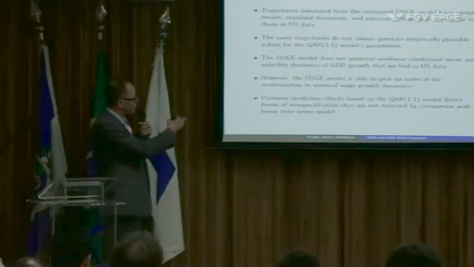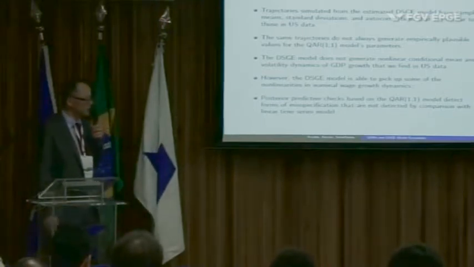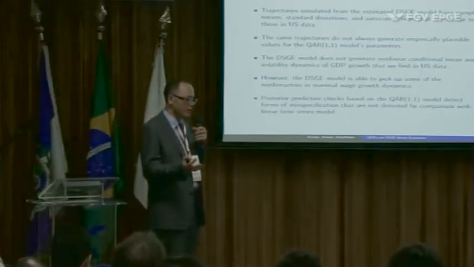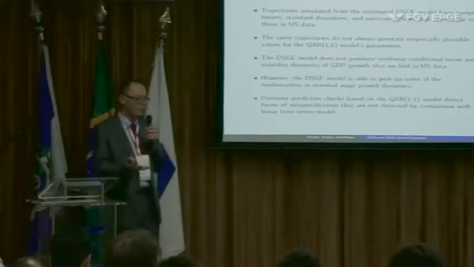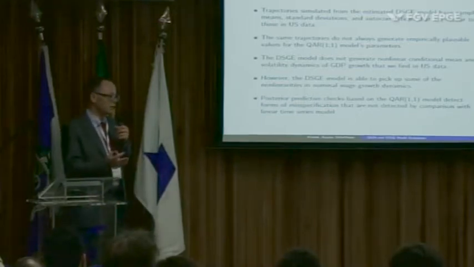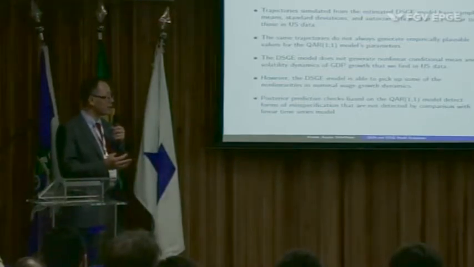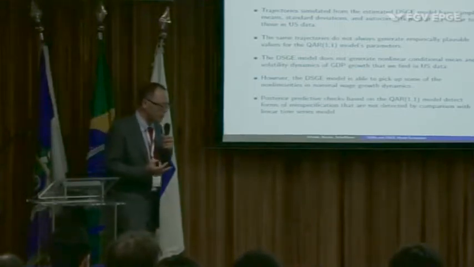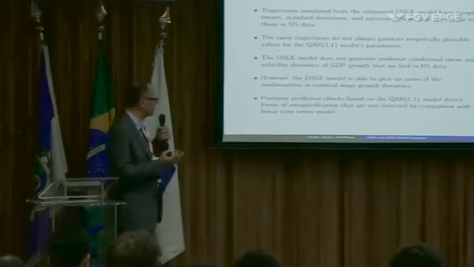And what we see in this empirical illustration is that in some dimensions, the nonlinearities in the DSGE model and in the data lined up. So in that respect, looking at the nonlinearities in nominal wage growth and inflation was a success.